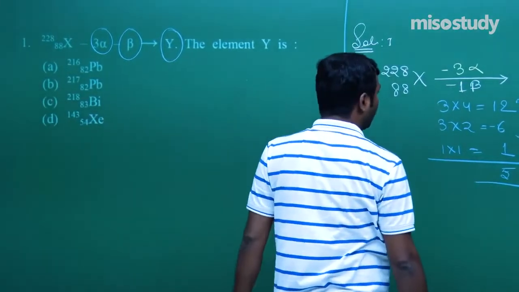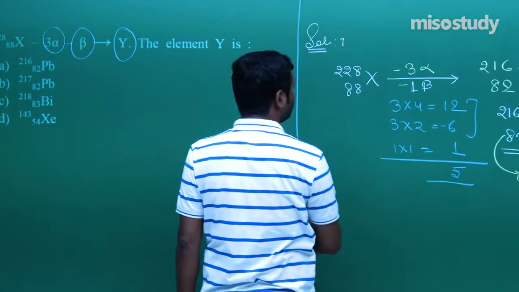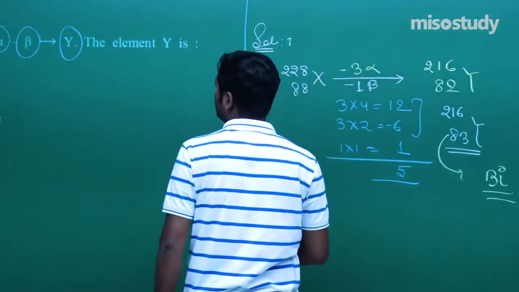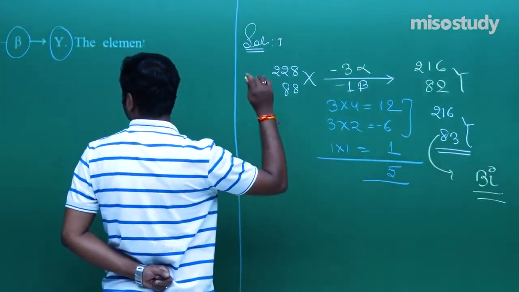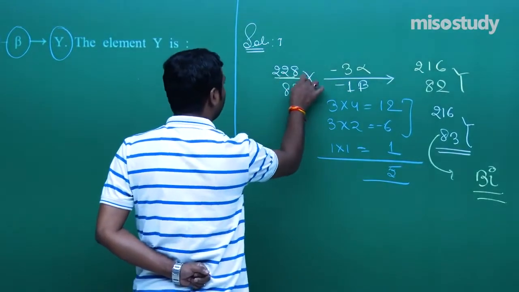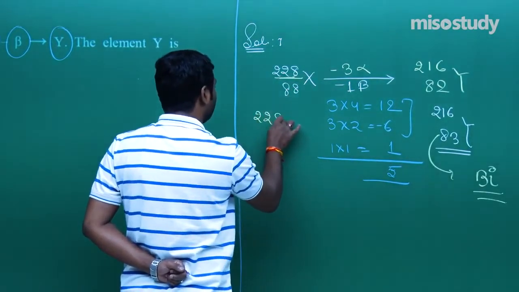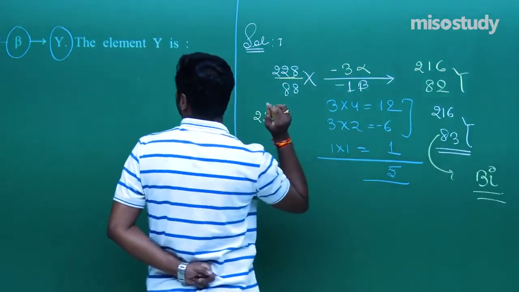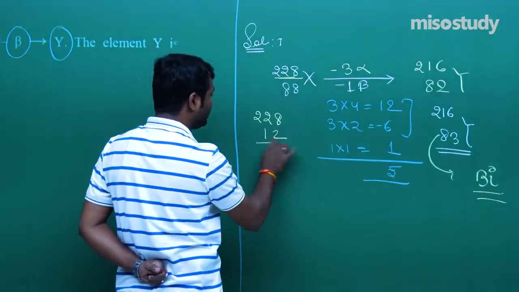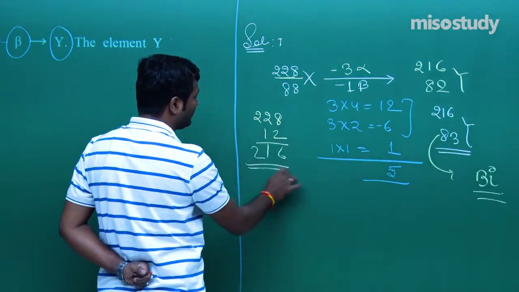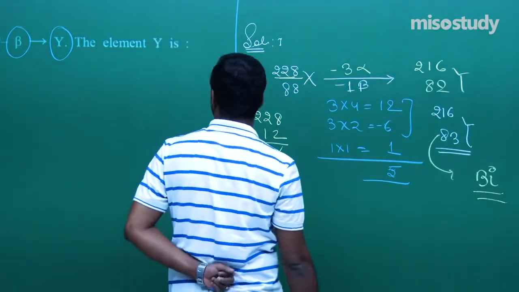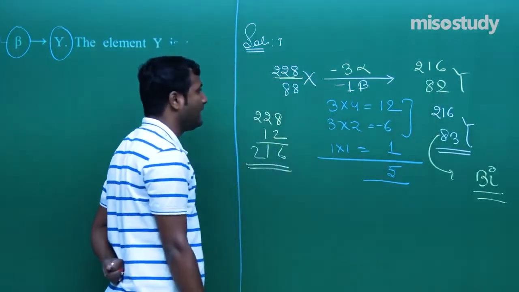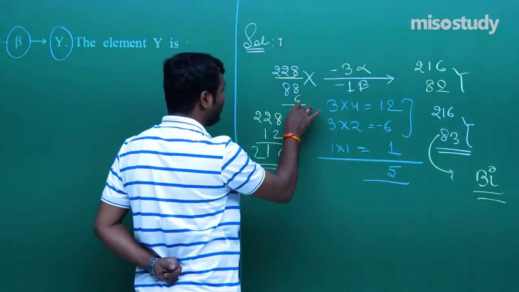But one more thing I have to mention here: check the mass number. 228 minus 12, that is 216, and 88 minus 6, that is 82.